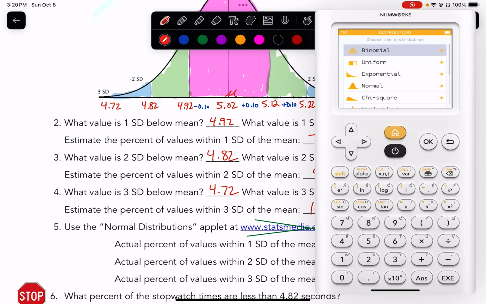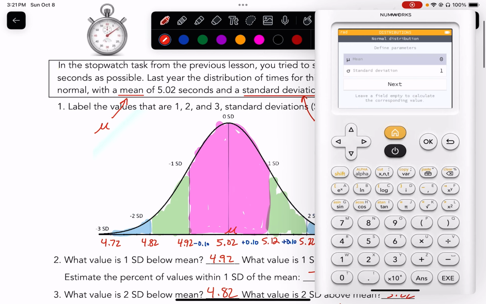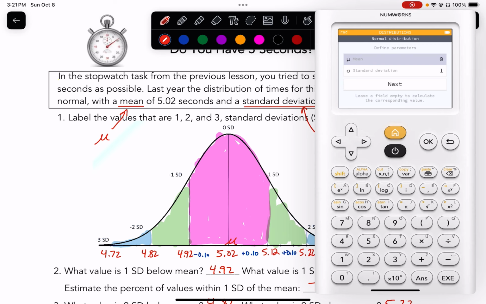So we're going to click OK, and then scroll down to normal, because it told us this was a normal graph. And it asks us to define 2 things. What is the mean and what is the standard deviation? So I'm going to go back up and just double check. So mean is 5.02. Standard deviation was 0.10. And then I'm going to click next.